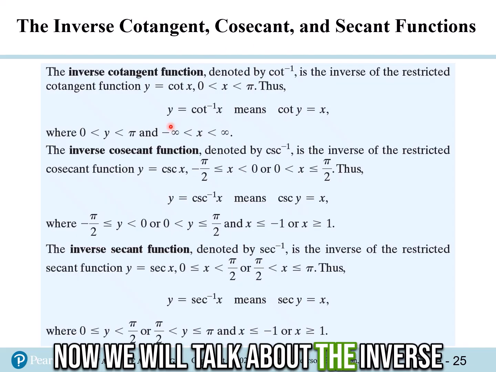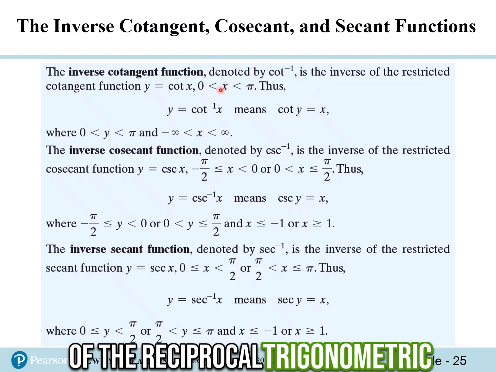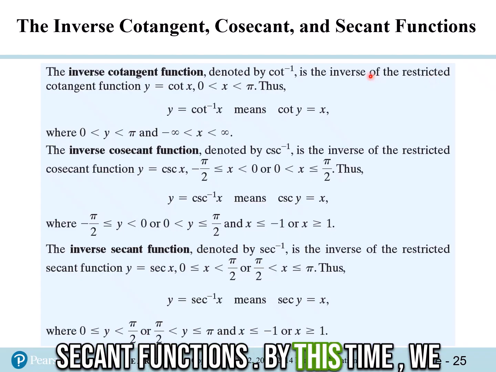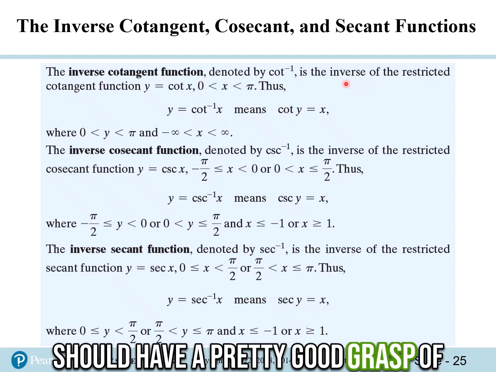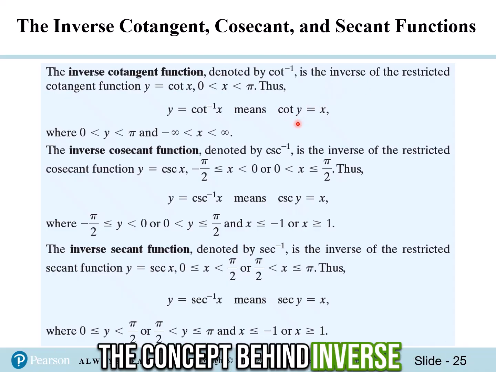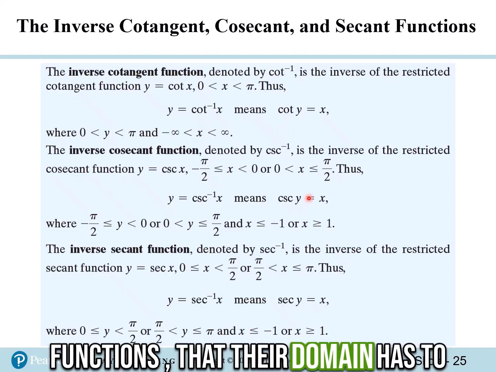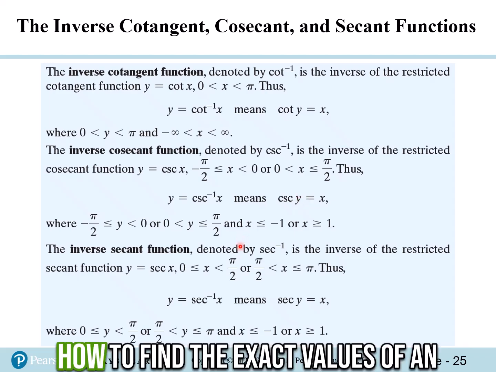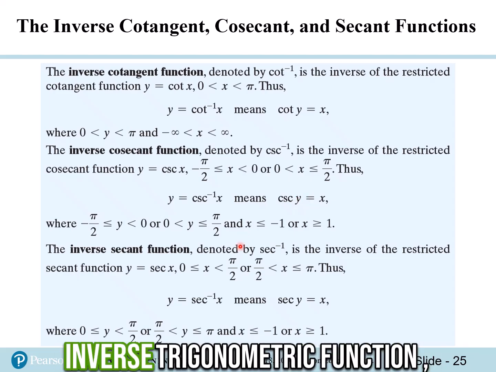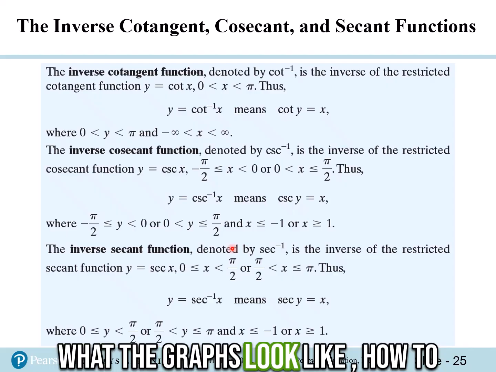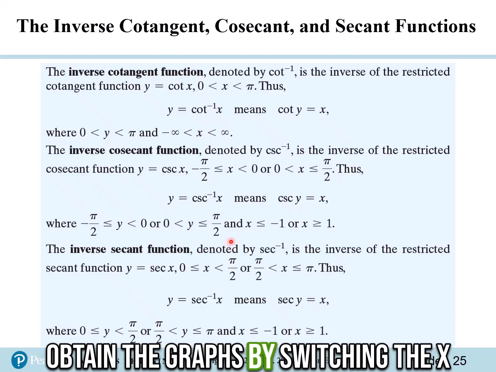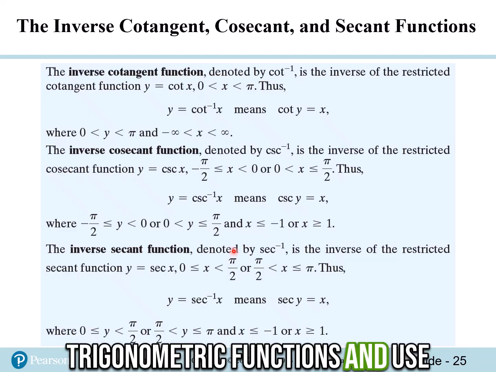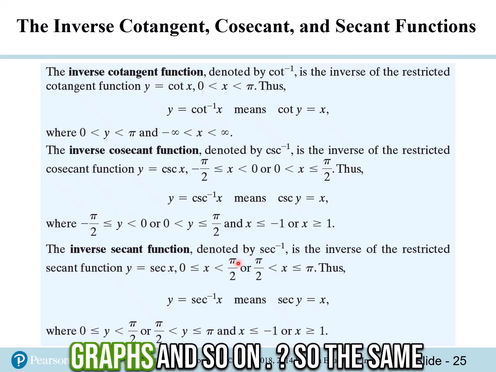Now we will talk about the inverse of the reciprocal trigonometric functions, which are the cotangent, cosecant, and secant functions. By this time, we should have a pretty good grasp of the concept behind inverse functions: that their domain has to be restricted in order for us to obtain an inverse function, how to find the exact values of an inverse trigonometric function, what the graphs look like, and how to obtain the graphs by switching the x and y coordinates of the trigonometric functions and use them for the inverse function graphs, and so on.